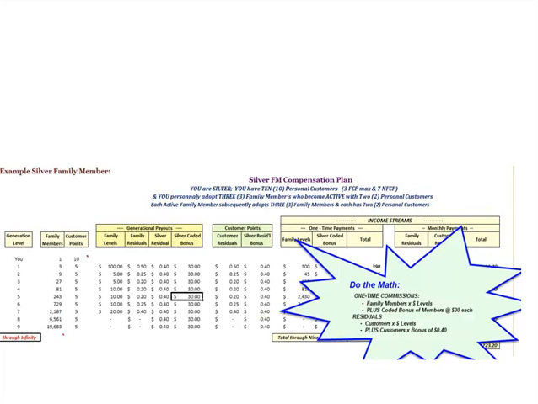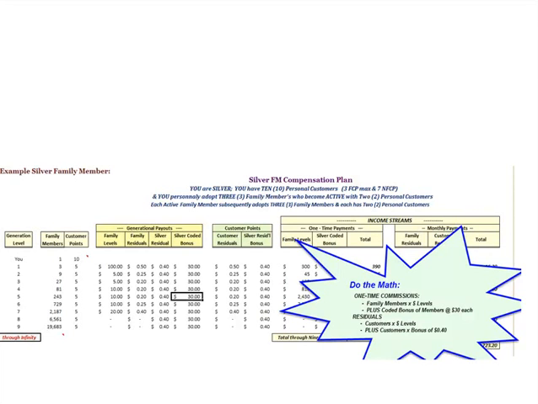Once you extend that with 5 customer points per family member, the numbers start getting really big. So do the math. I'm unable to do that for you, but haul out your calculator and just punch in a couple of numbers.